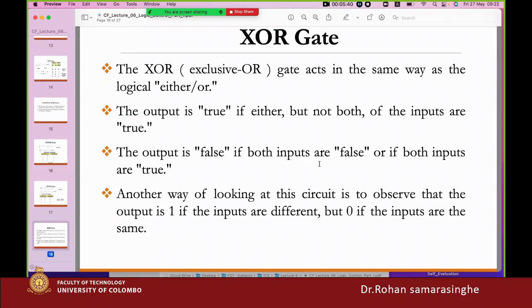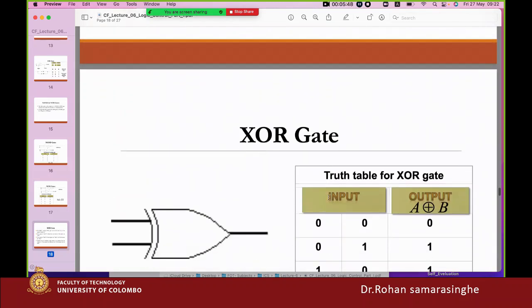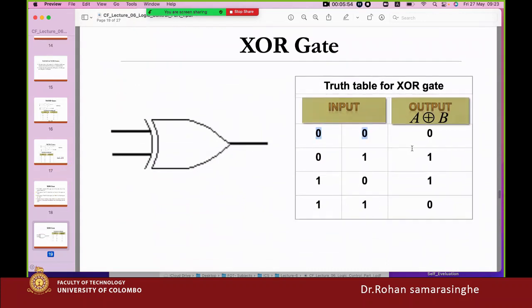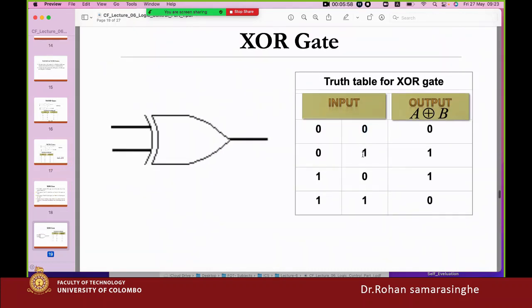The output is false if both inputs are false or if both inputs are true. You can see, if both inputs are the same, false or true, the output is 0. If both inputs are 0 or both inputs are 1, the output is 0, otherwise the output is 1. XOR gate.